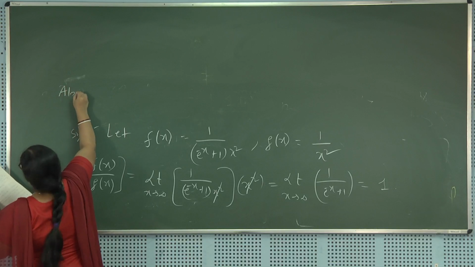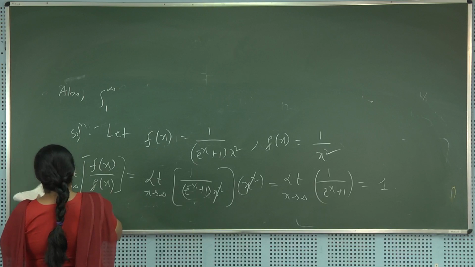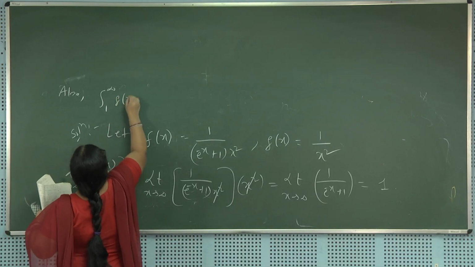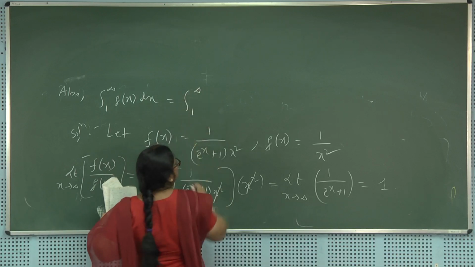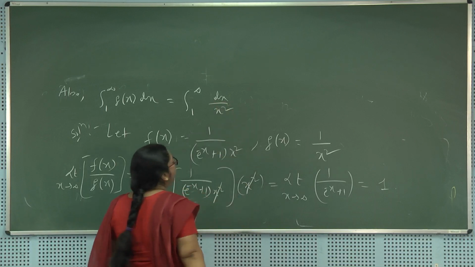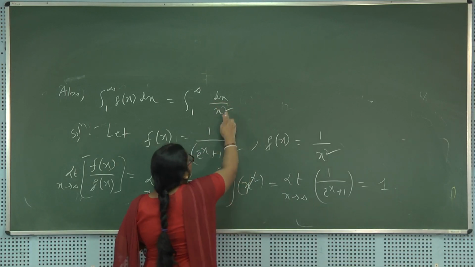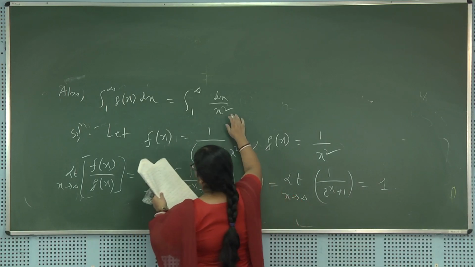So, what we can say again, also integral 1 to infinity g(x) dx, that is integral 1 to infinity g(x) is 1 upon x square, dx upon x square. According to our p theorem, because 2 is greater than 1, this will converge.